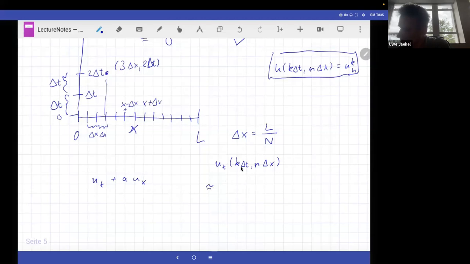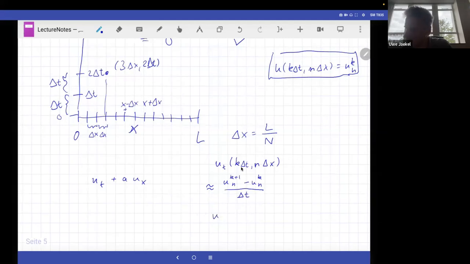And we say this is approximately equal, if we neglect the error term, to the difference in time: u^(k+1), you make one step ahead, minus u^k at the same fixed position n, and you take the difference and divide it by delta t.